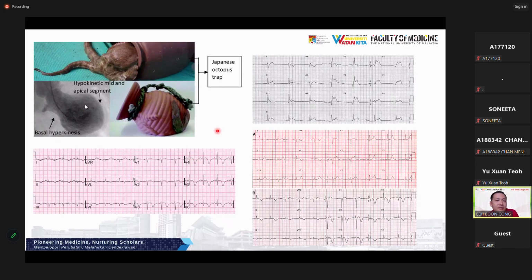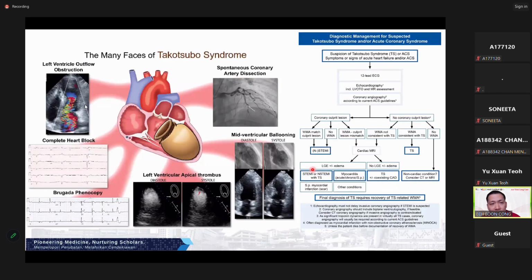It can present anywhere. When you do an angiogram, there's no blockage in the coronary arteries, but the patient's EF is down, and there's apical ballooning. So it can present with any ECG pattern. It can be T wave inversion, can be ST elevation. It can be any form of ECG that's suggestive of ACS, but when you do the angiogram, it's normal.